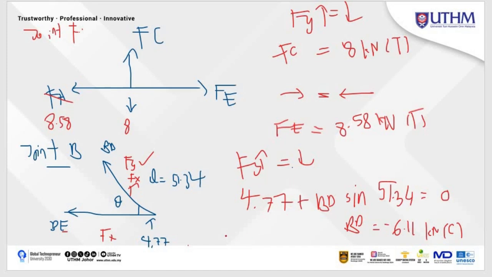After Fy, we go to Fx, because we haven't found the member force of BE yet. So this one will be Fx. Here we will have BE and also BD. We have BD, this term is cos, and also 51.3.